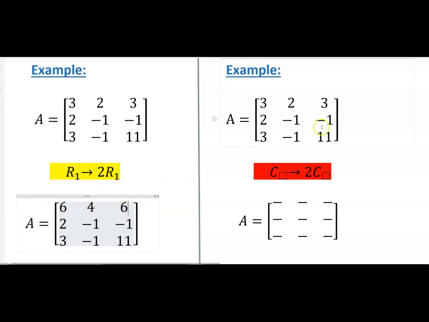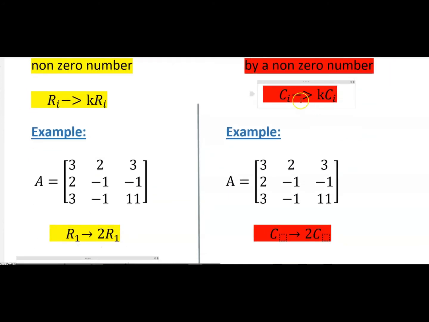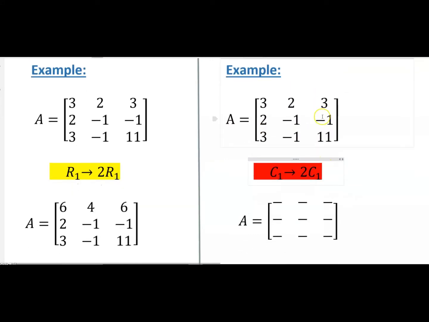Let's move to the column. Same operation, but now we apply it on a column. Like I am taking here C_1, it means I am applying the operation on column 1. You can apply it on column 2 as well as column 3, all depending on you according to the condition.